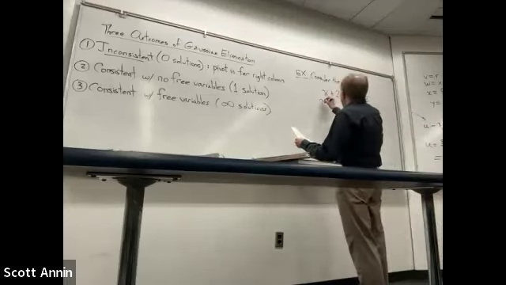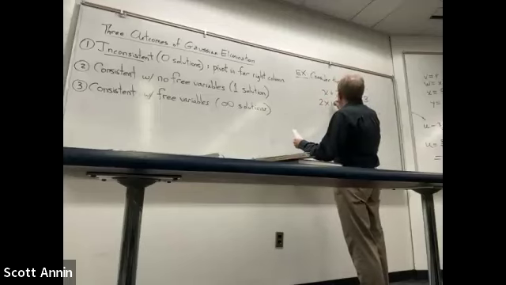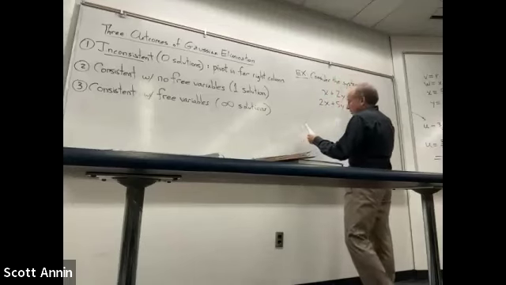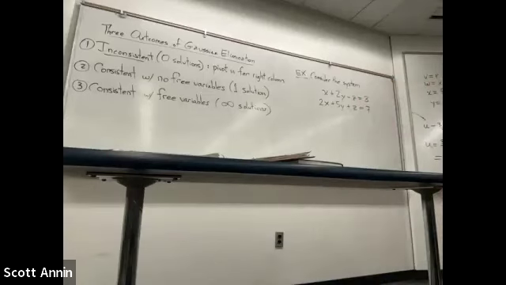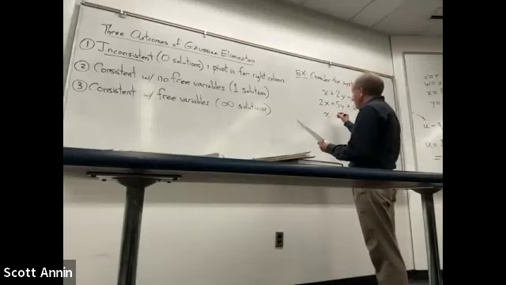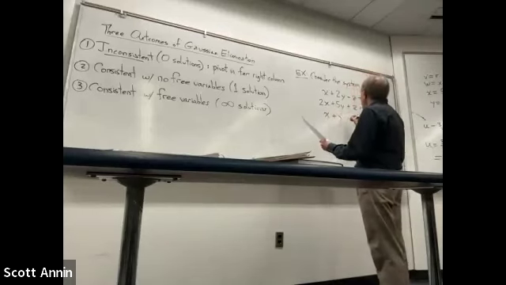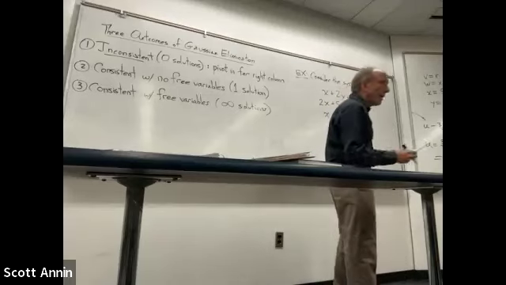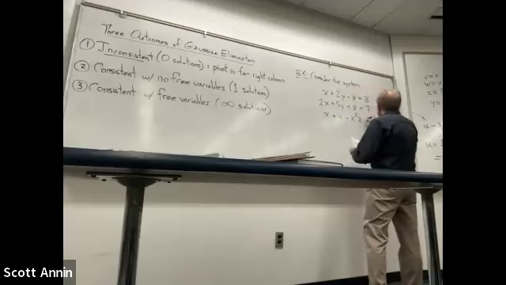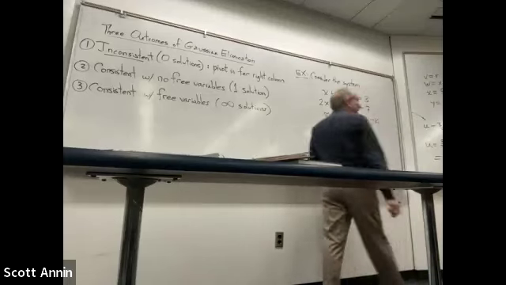The second equation is 2x plus 5y plus z is equal to 7. And the third one is x plus y minus, now here's the funky part, guys, k squared times z equals negative k.